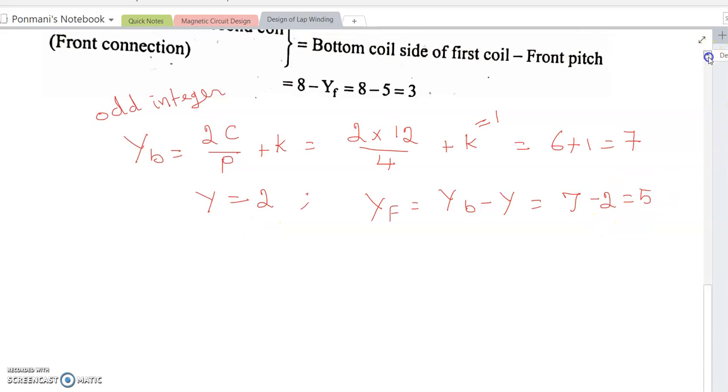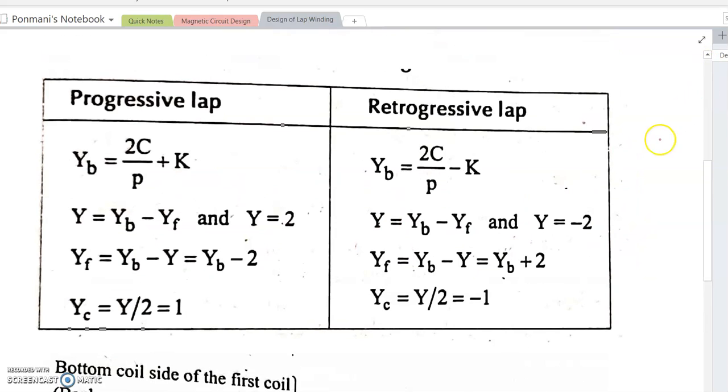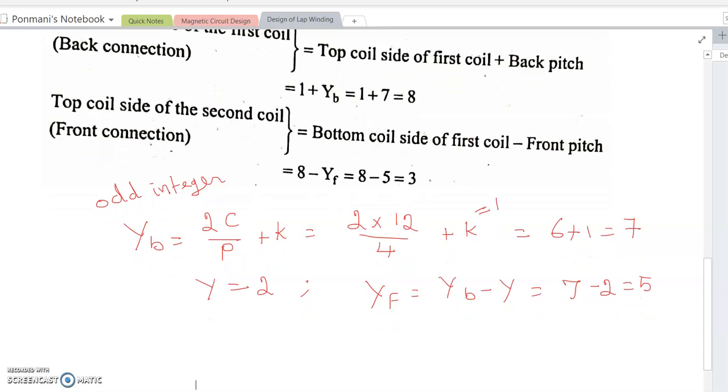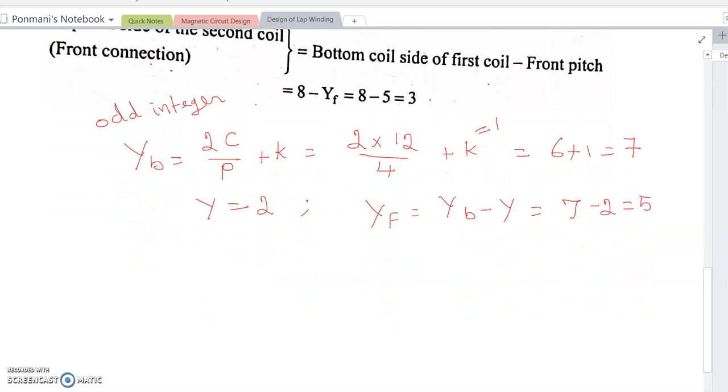Then we have to calculate the top coil side, front connection and back connection. The back connection is the top coil side of the first coil, which is 1, plus back pitch 7, is equal to 8.